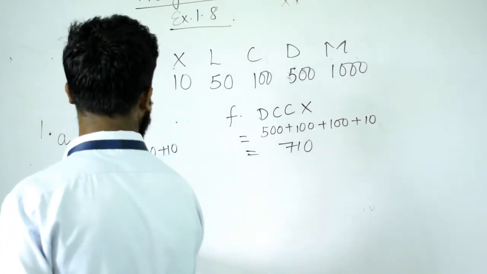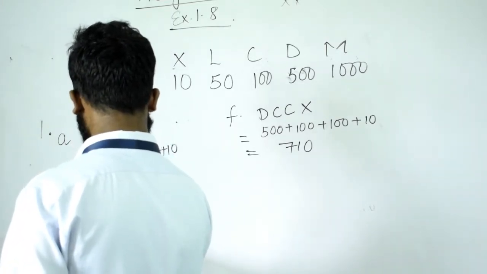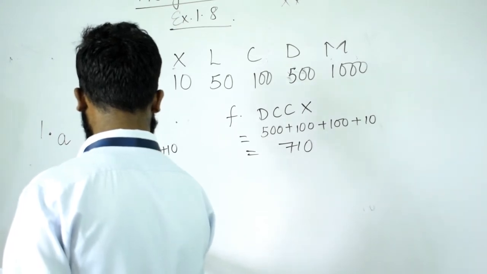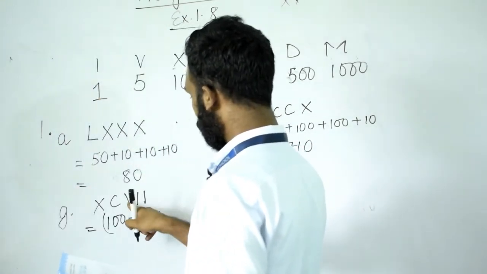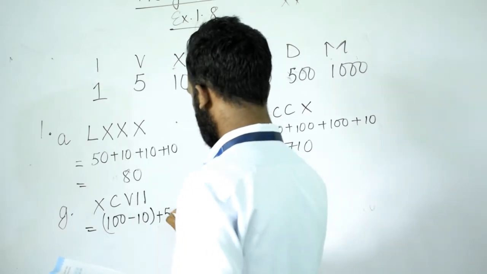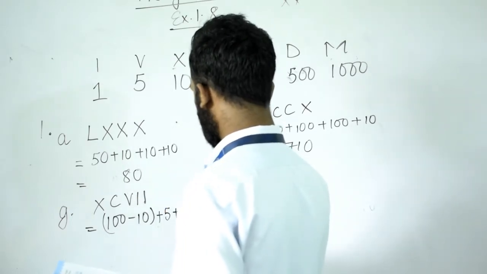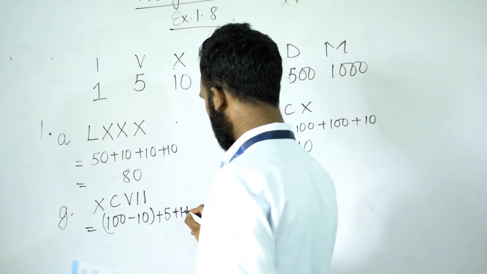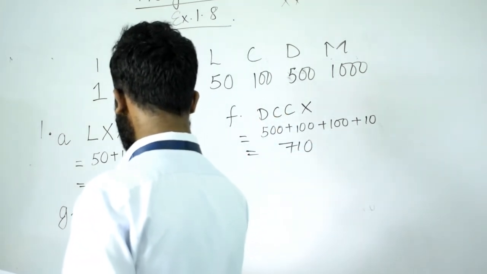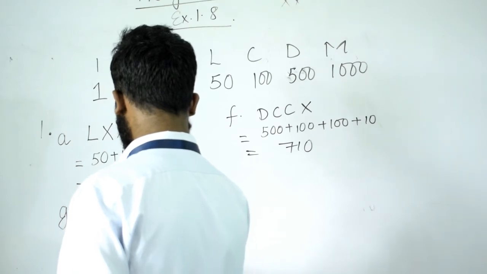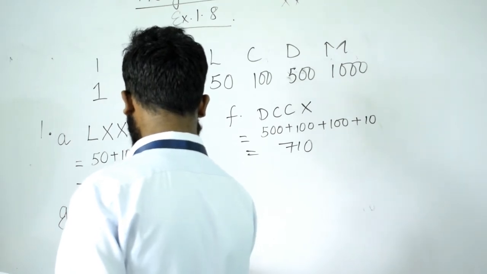So how much is C? It is 100 minus 10. Then 5. Then the I's are each 1, plus 1. So 100 minus 10 is 90, plus 5, plus 1, plus 1.